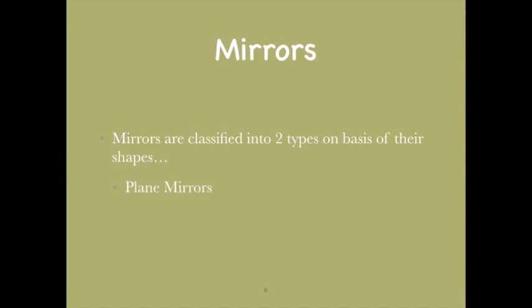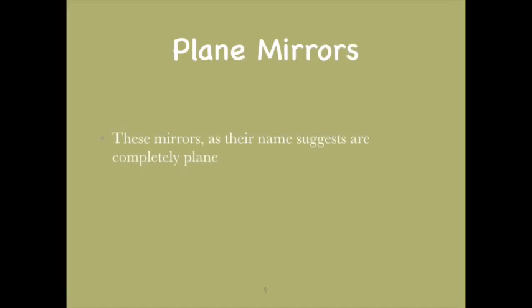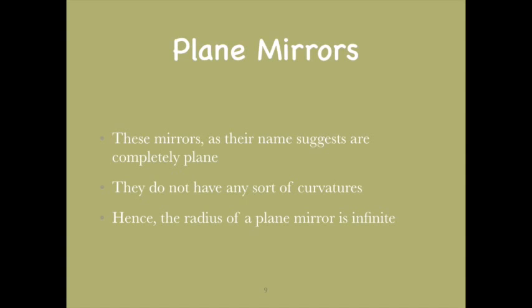They are plane mirrors and spherical mirrors. Fine. Now let's learn something about the plane mirror. As the name suggests, these mirrors are completely plane. They do not have any sort of curvature and hence the radius of a plane mirror is infinite.